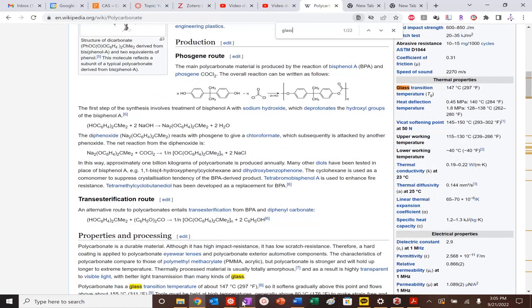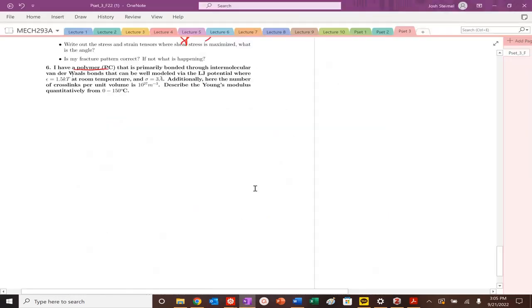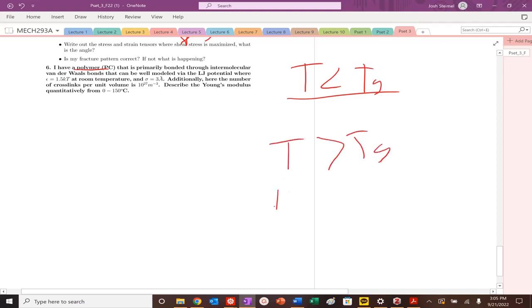That looks pretty consistent, so 147 is our Tg. So for temperatures above Tg, it's just going to be that. Below Tg, I need to use my good old friend, potentials, and solve it.